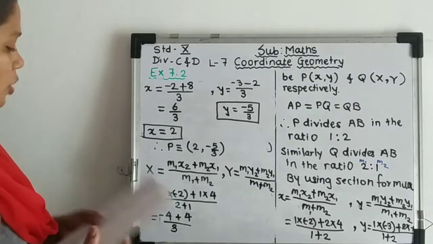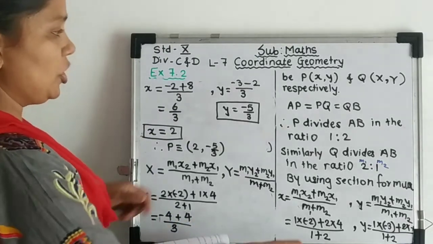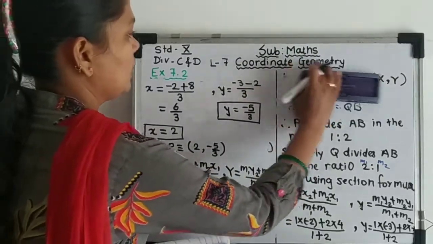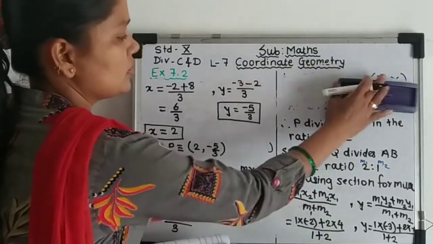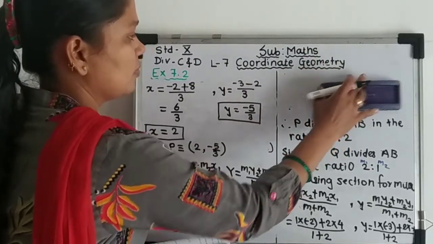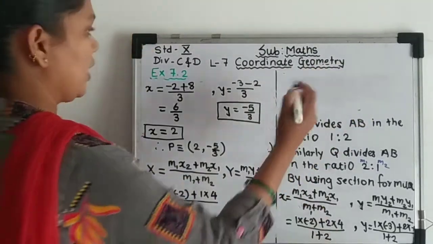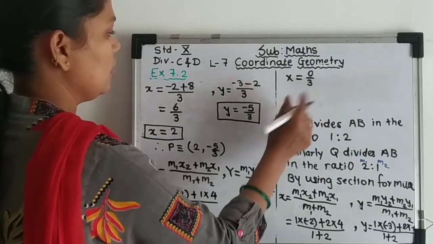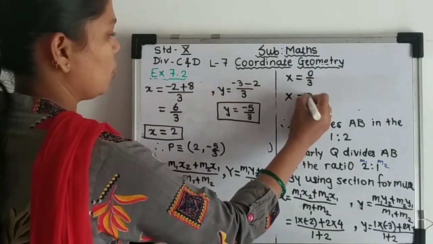So minus 4 plus 4 equals to what? 0. So 0 upon 3, answer becomes 0 only. So we will write here x is equals to 0 upon 3. So our x coordinate is what? 0.